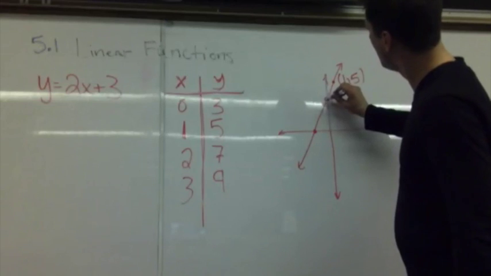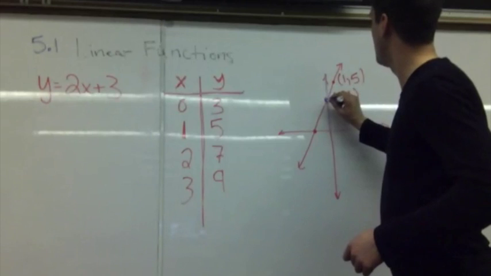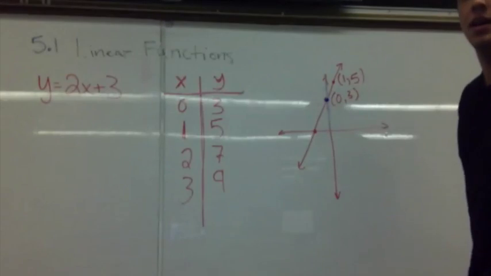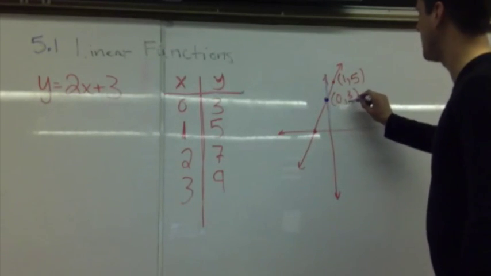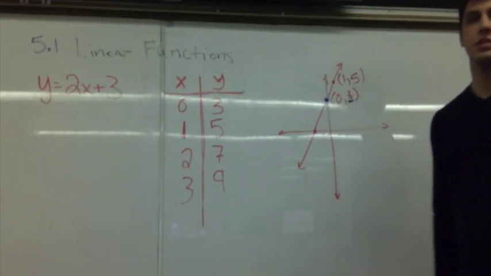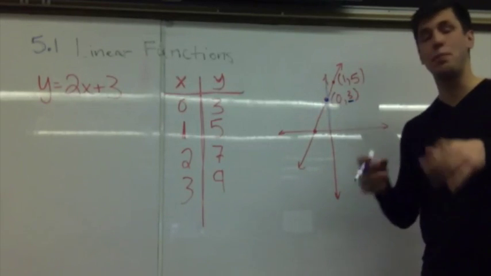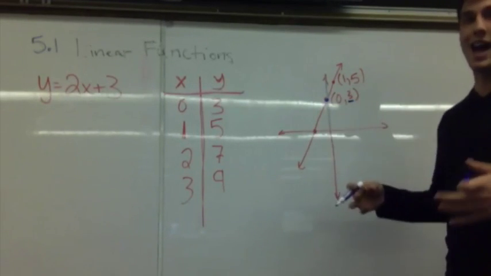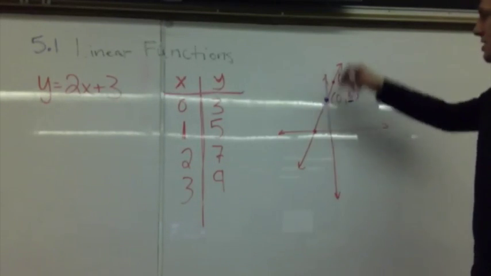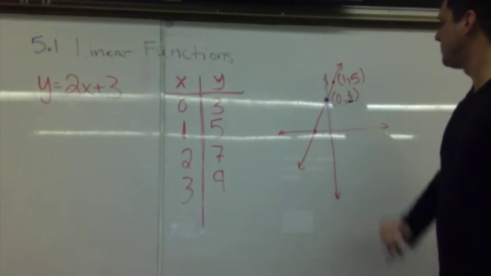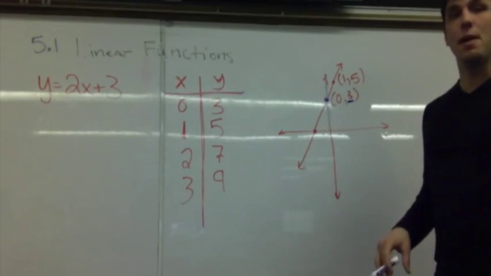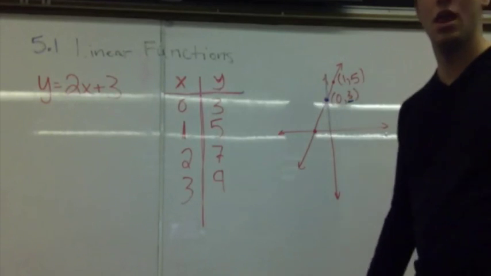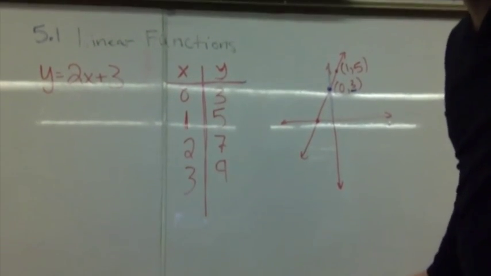So wherever this line intercepts the y-axis, that is our b value. So this right here, that is our b. And what we look for when we see our b or our y-intercept is the y value right there. And that is 3. So as I said, I will repeat, b is the y-intercept, wherever your line hits the y-axis. Okay. Now for m, and this gets a bit more complicated. I hope that you can see the board clearly enough.